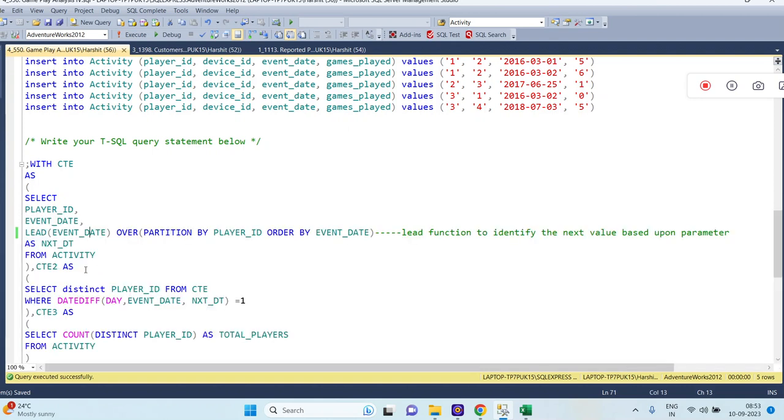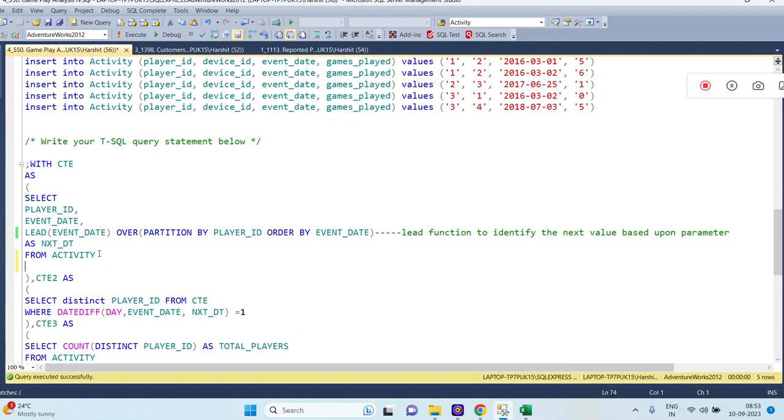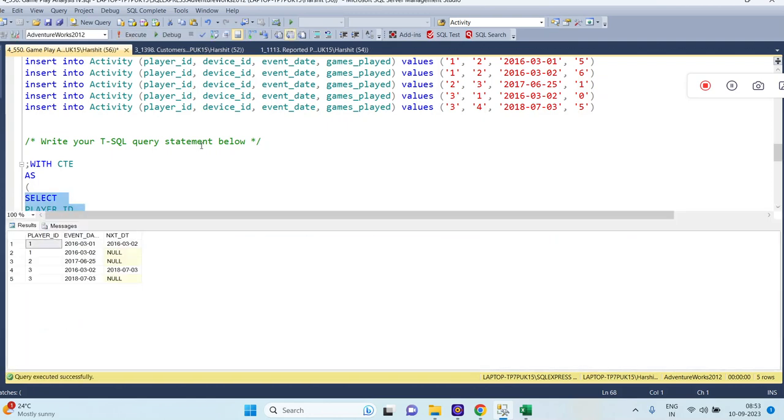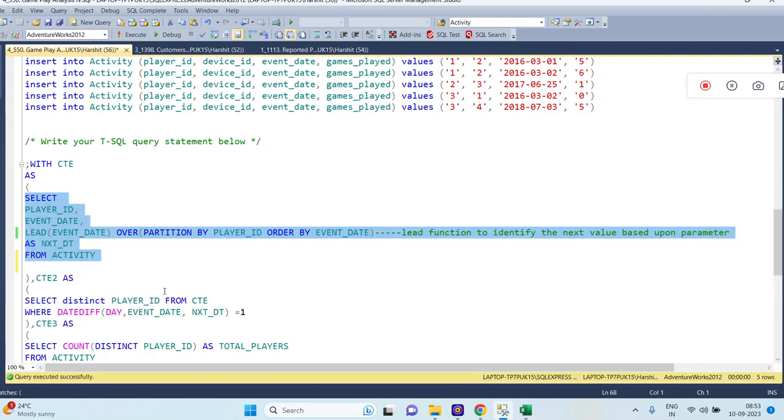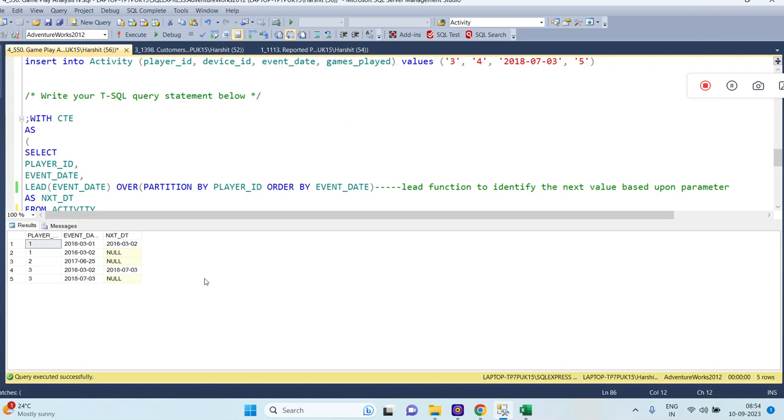Now what is our requirement? This will be considered the first date, right? Now what will be the second date? The second date will be the lead of the first date, and we need to identify the date difference between these two dates in days, and it should be only one, right?